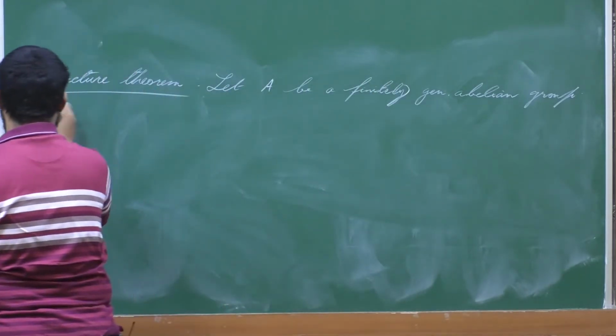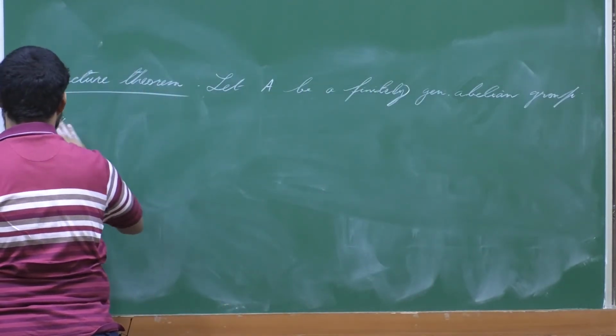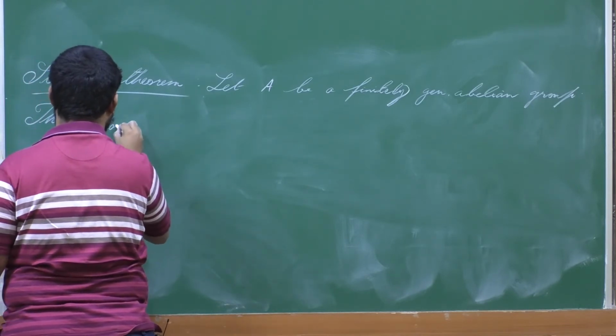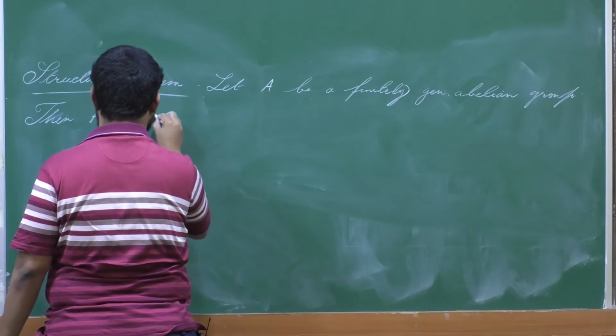Then the first observation, I will prove part by part, is that A tor has to be finite.